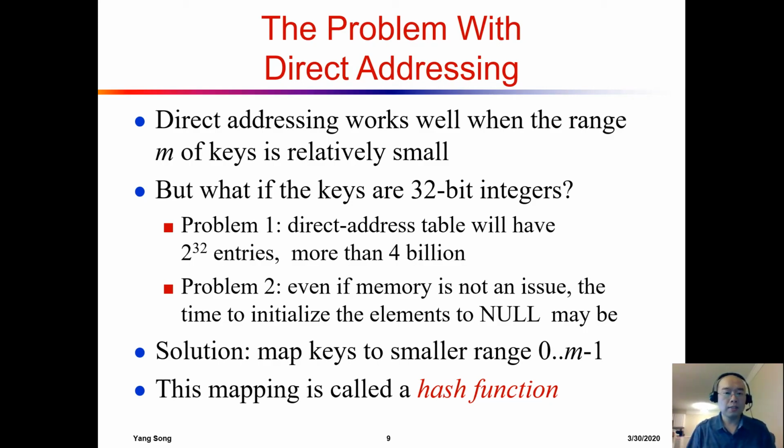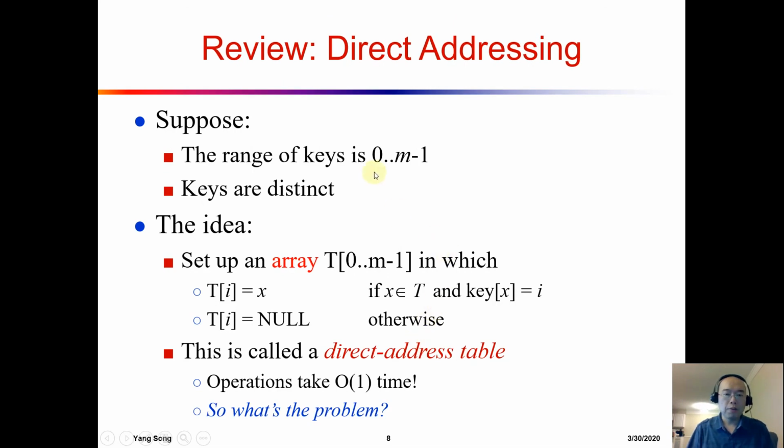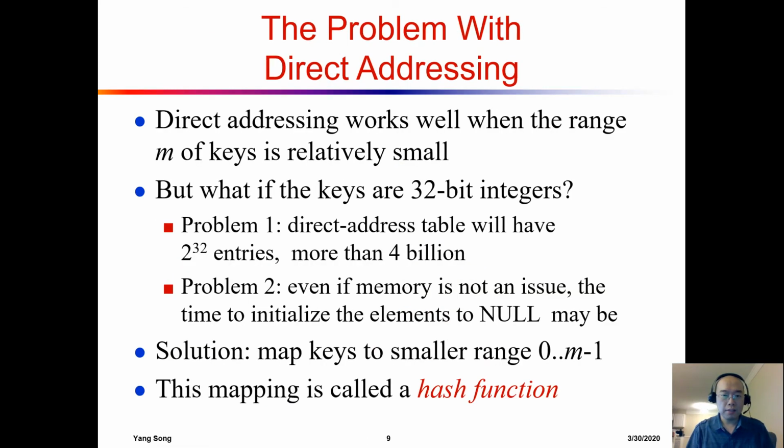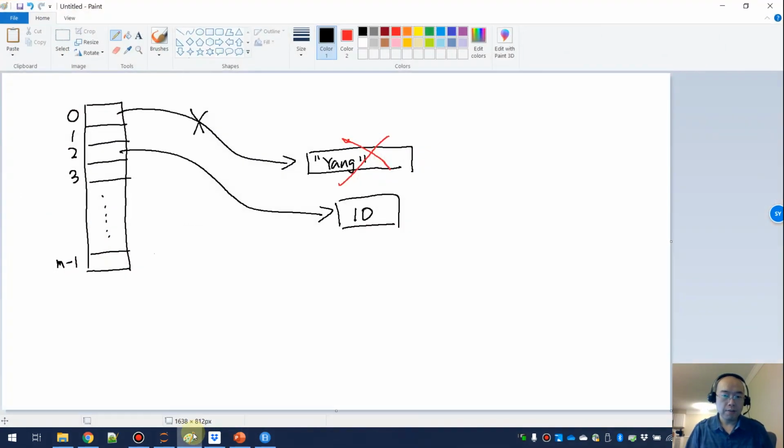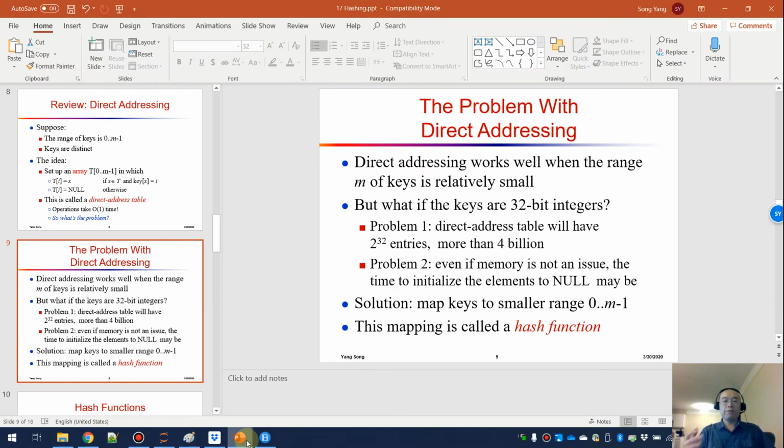Remember we are creating a total of m slots. In this case, m is 4 billion. What does that mean? This means we have to create 4 billion slots. If we come back to this table here, we are not talking about 1,000 slots, we are not talking about 5,000 slots, we are talking about 4 billion slots. That's really a lot, and if you really have such a big memory, you can do that.